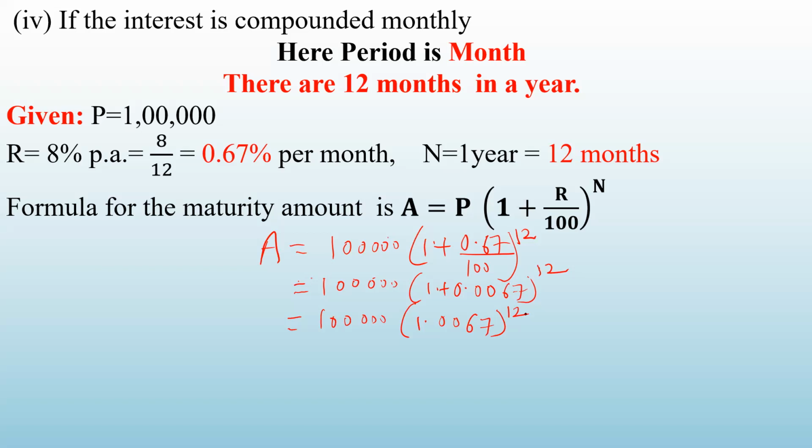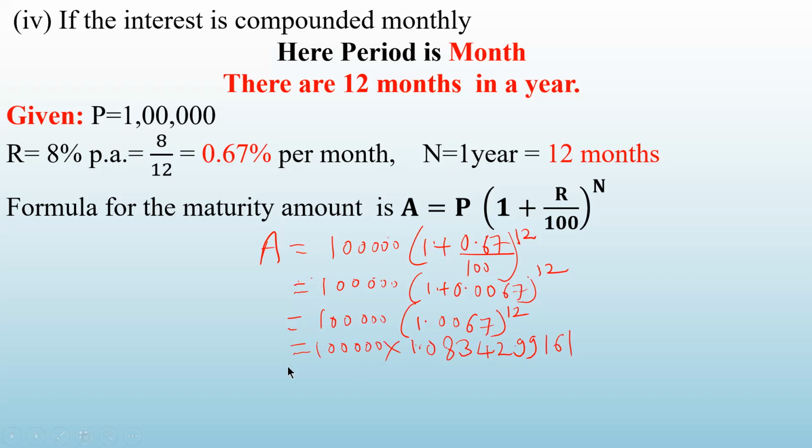1.0067 raised to power 12 gives you 1.0834299161. This much you get.